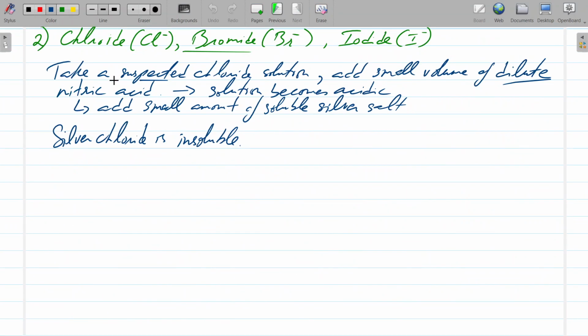You took a chloride solution, acidified it by adding nitric acid, then added a soluble silver salt. If a chloride was present, it's going to react with the silver and give you a white precipitate of silver chloride.